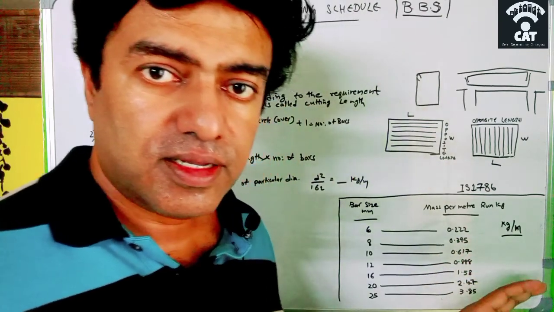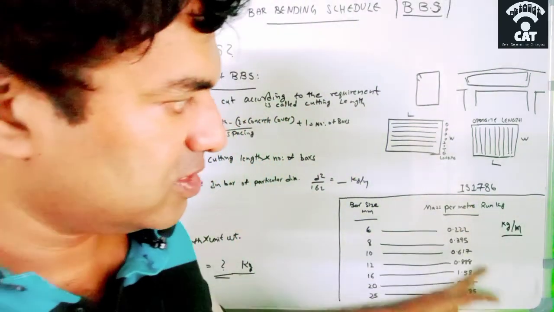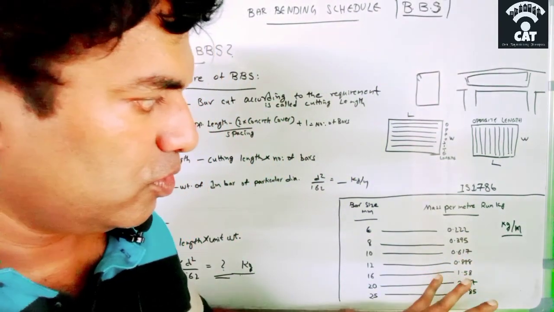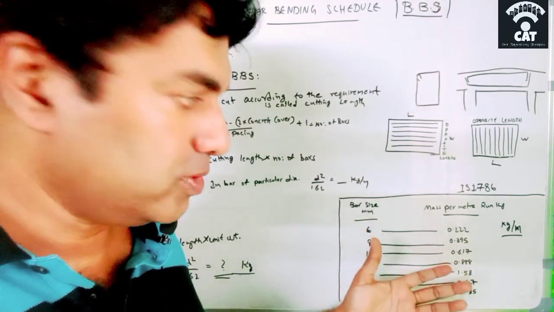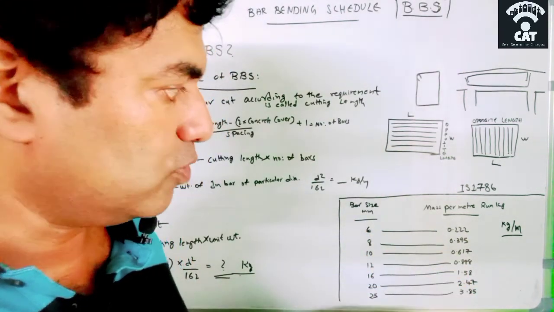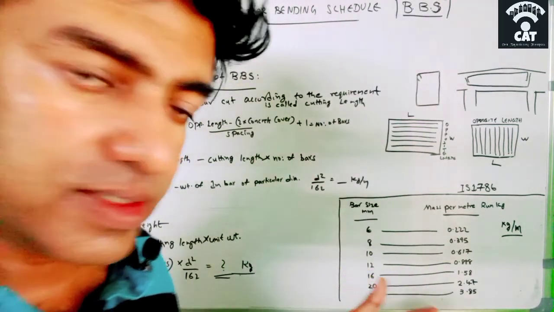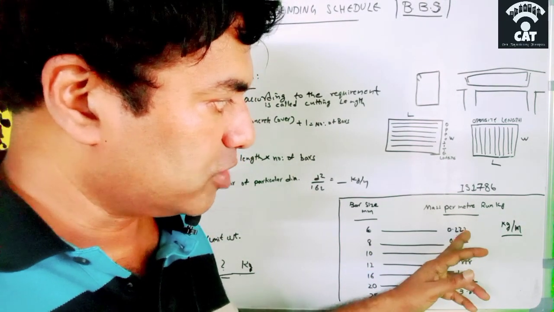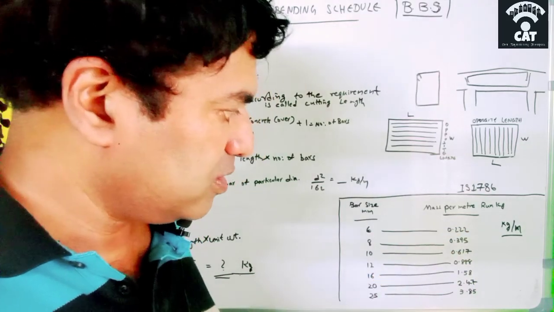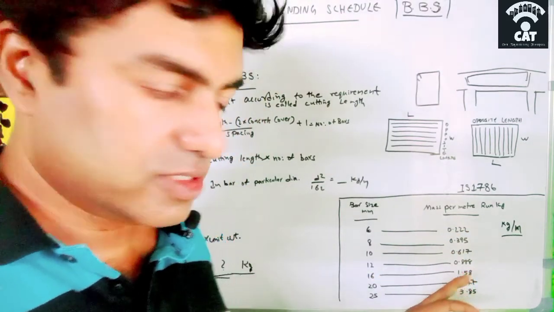So there is a difference: when you are taking the kilogram per meter, you have to use up to 3 places from 6 to 12, and from 16 you can take only 2 digits.